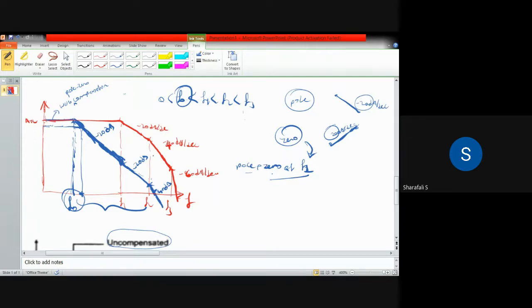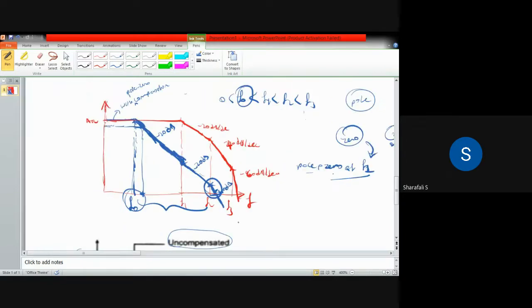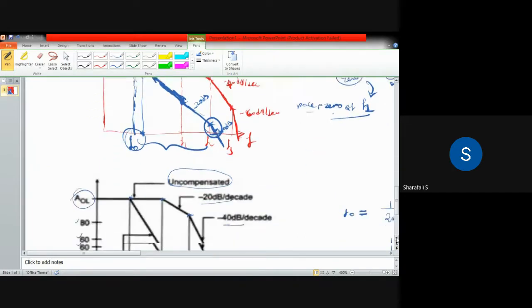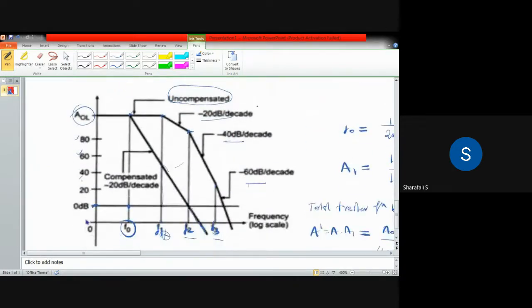This is not a smooth variation, because once it reaches this point, we have a different variation. In order to have a smooth variation, as we discussed earlier, as we can see from this figure, the R1, R2, and C2 values have to be taken in such a way that it will cross this 0 dB with this slope of minus 20 dB per decade.